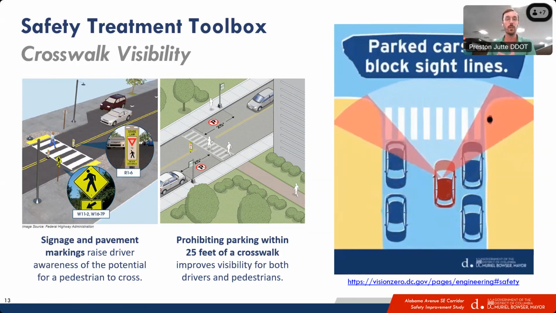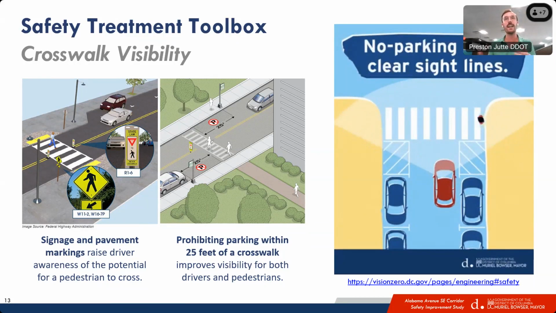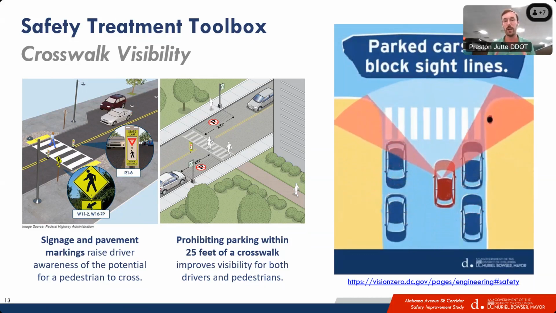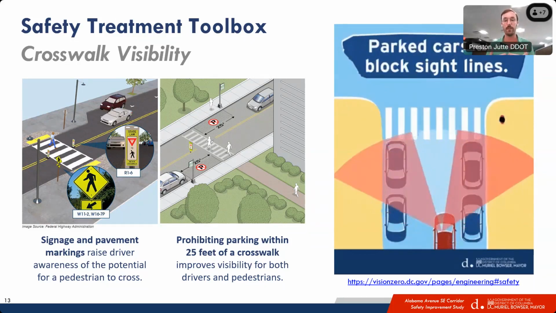Add in speeding, add in weather, and that gives limited time for someone to respond in a safe manner, for the driver to slow down or for the pedestrian to recognize that a car is coming and maybe stop and wait for it to pass.